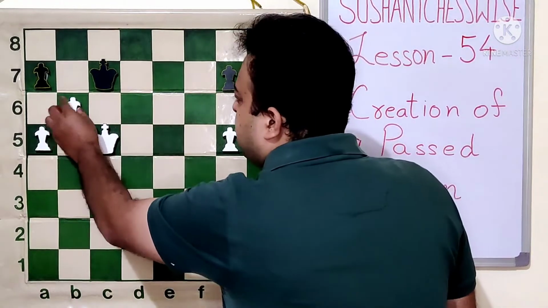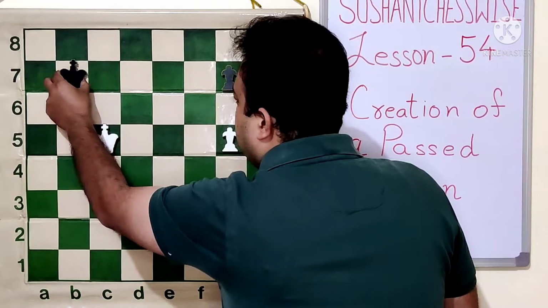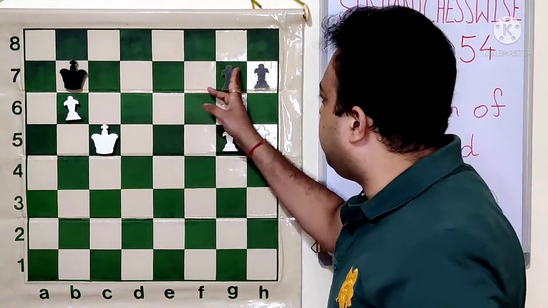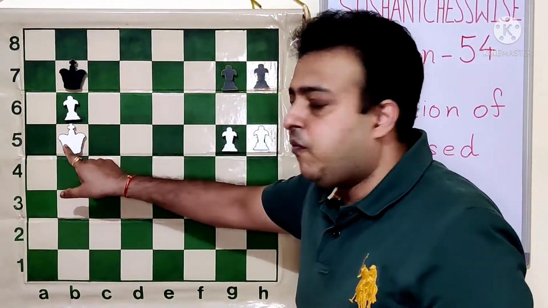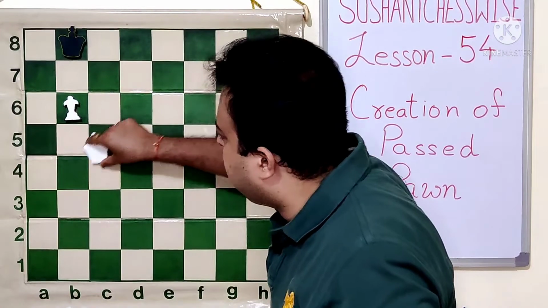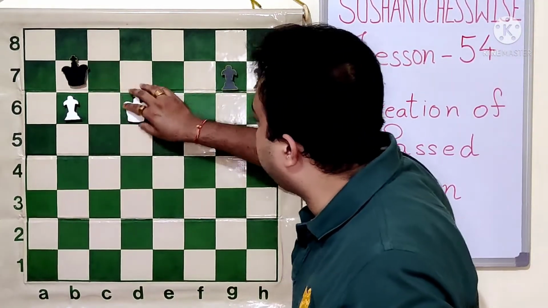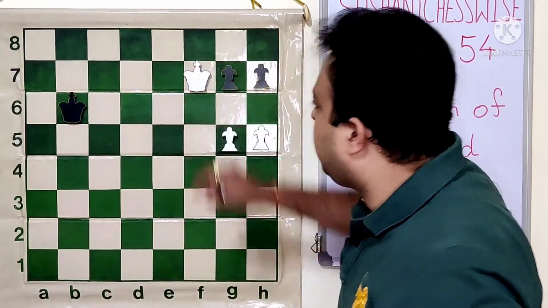So just B6, AB6, AB6 check, KB7, and now if we want, we can directly go KD6 because we are going to get both the pawns. Although the better technique is KB5, KB8, KC6, KC8, KD6, KB7, KE6, KB6, King F7.